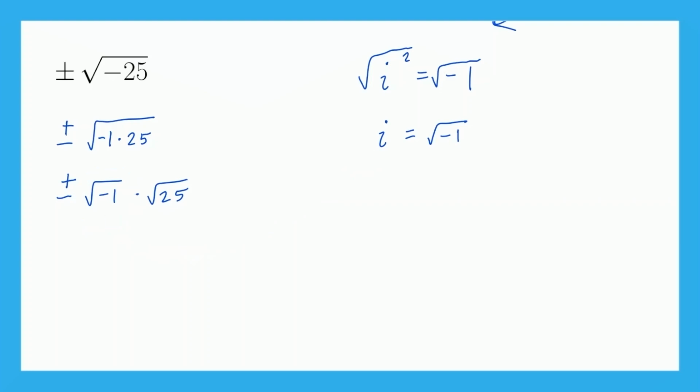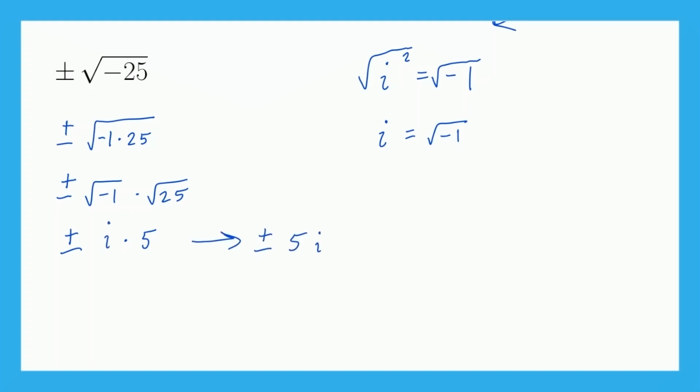So let's replace the square root of negative 1 with i and the square root of 25 with 5. Okay, perfect. So now that we have no more square root, we have plus or minus i times 5. When we have no square root, it's most common to write the i after the 5. So let's change that order.